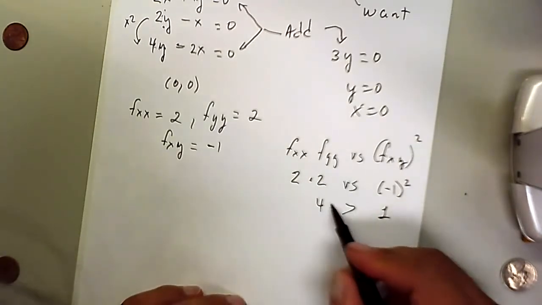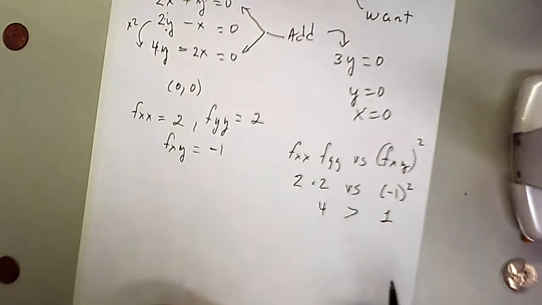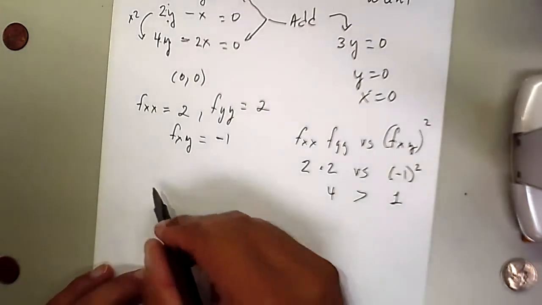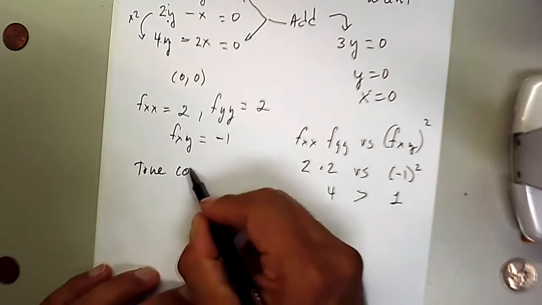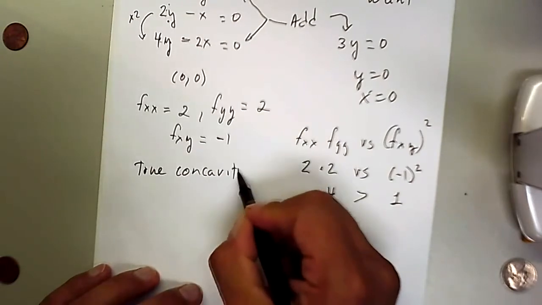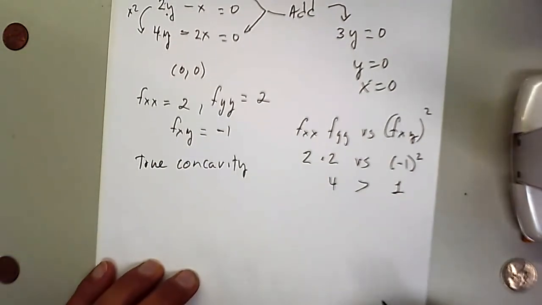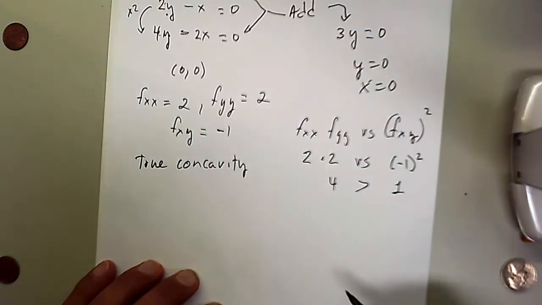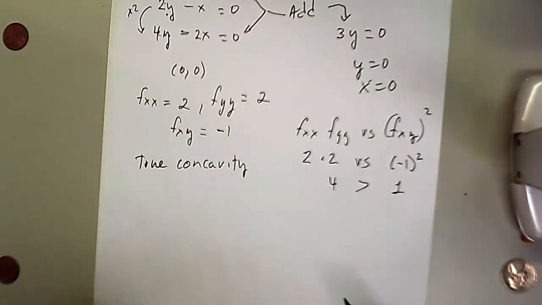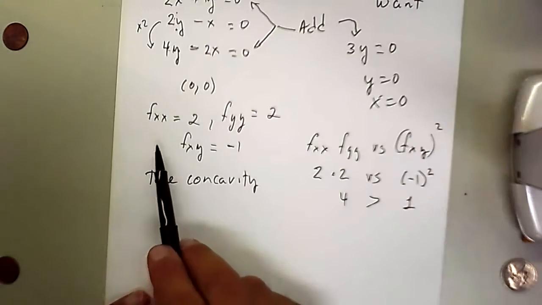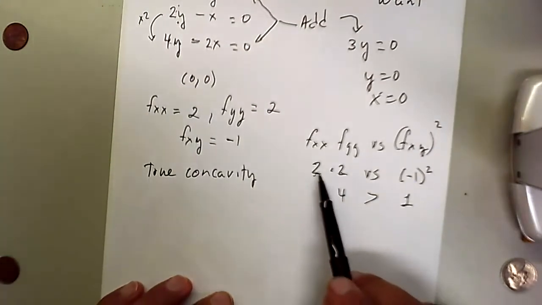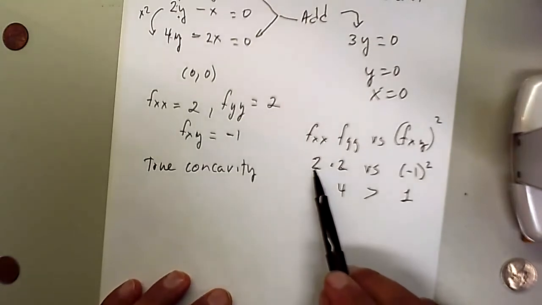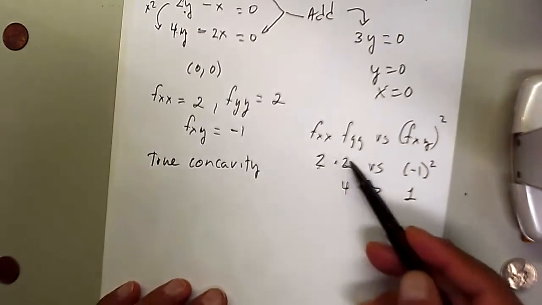So this is bigger, which means we have a true concavity of the surface, but we don't know which way yet. That's because it could happen that those two are positive or those two are negative, although we clearly see that they're both positive.